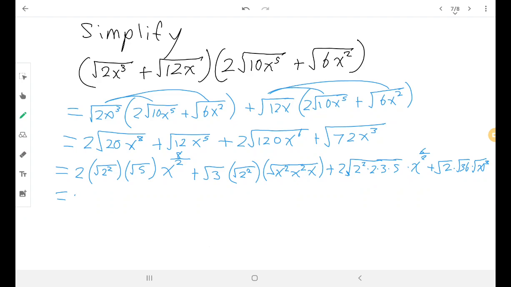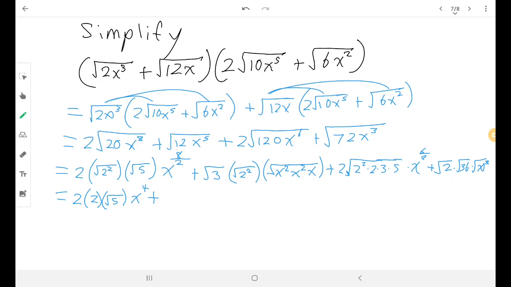So we've got 2 times the square root of 2 squared is 2, times the square root of 5, times x raised to the 8 over 2, but 8 divided by 2 is 4. Remember, fractions can be viewed as division problems.